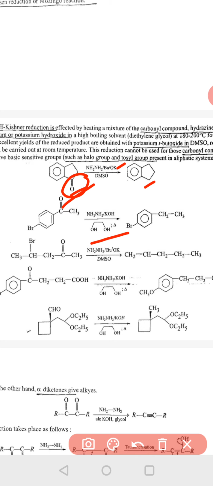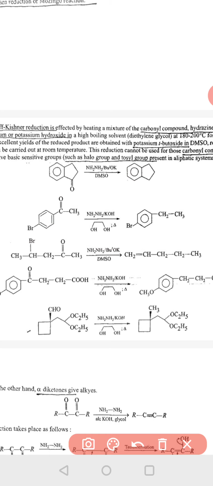Here in the second example, this is an aromatic halo compound, so this is not touched, this remains untouched in the product, and only the C=O group is converted into CH2 group. Here we are using NH2NH2, that is hydrazine, and sodium hydroxide in diethylene glycol, which is a solvent.